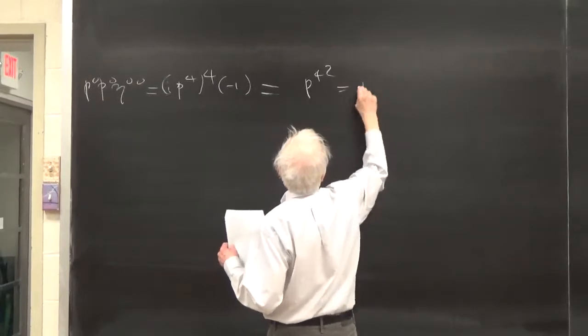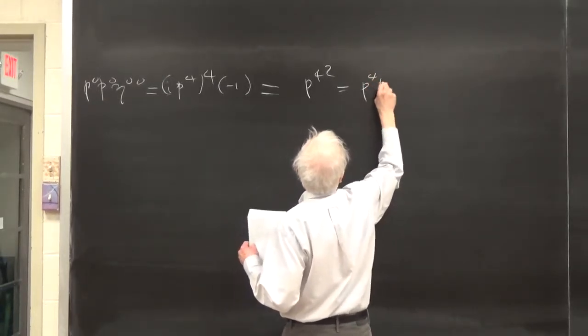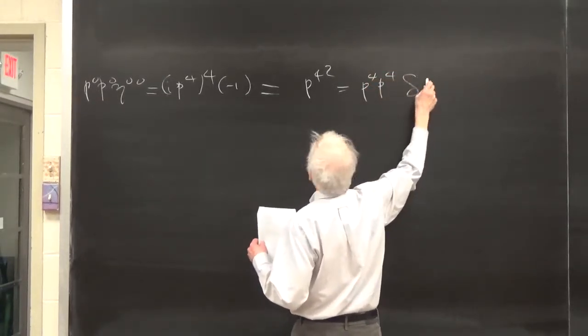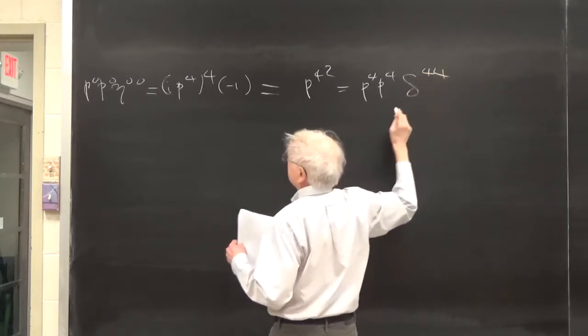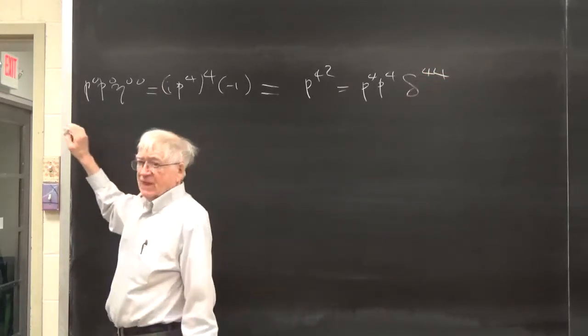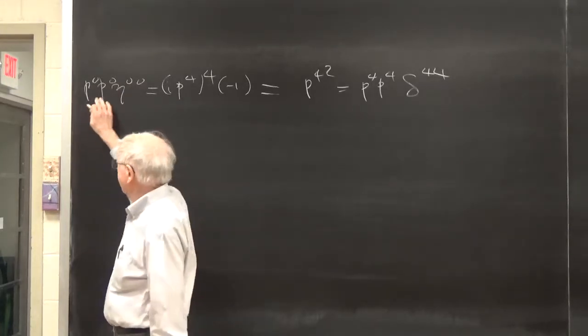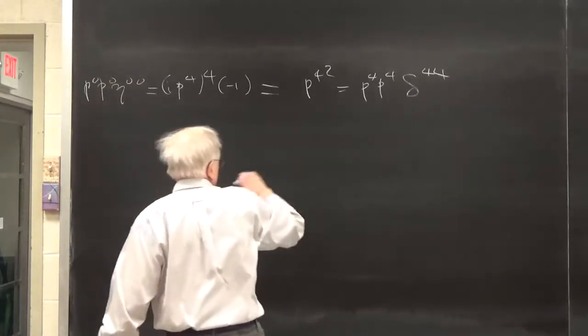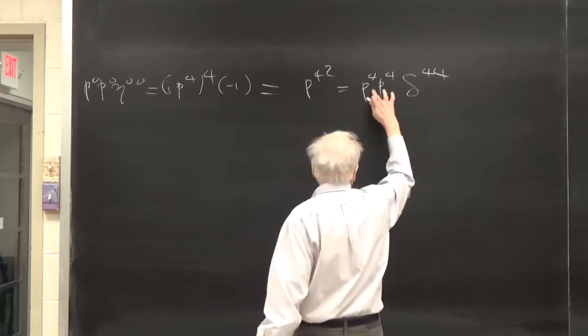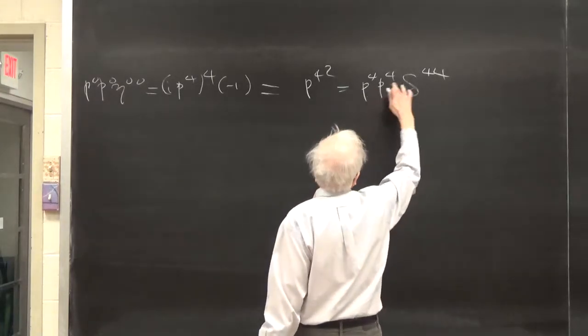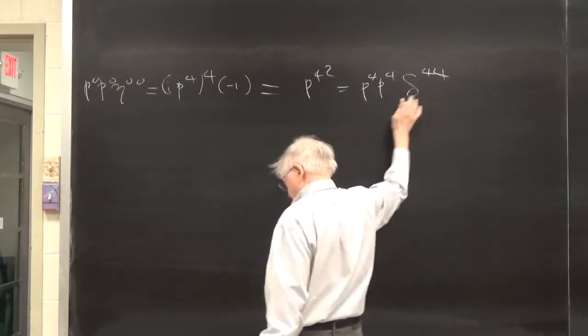And we can fix this to P4, P4, delta 4,4. In other words, we go from Minkowski 4-vectors and eta to Euclidean 4-vectors and just a Kronecker delta.